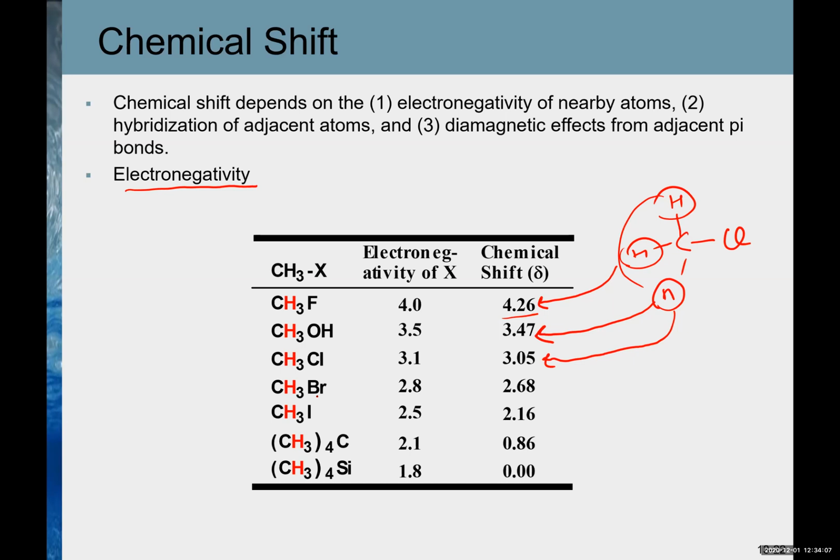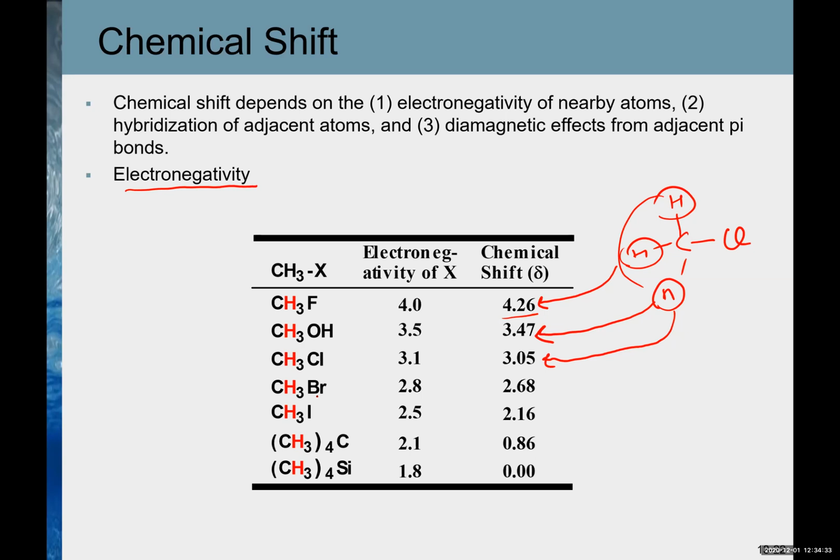Can you notice the trend? What can we say about the effect of a nearby electronegative element on the chemical shift of protons? The greater the electronegativity, the greater the chemical shift. We call it more downfielded or deshielded.